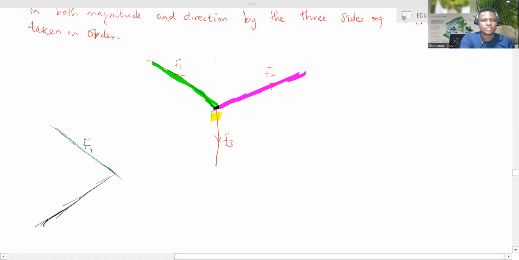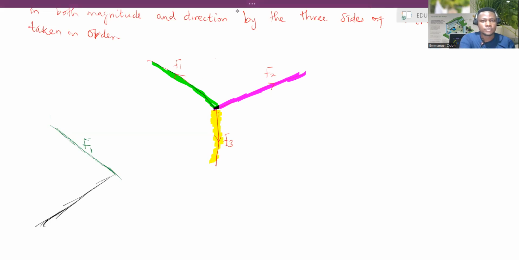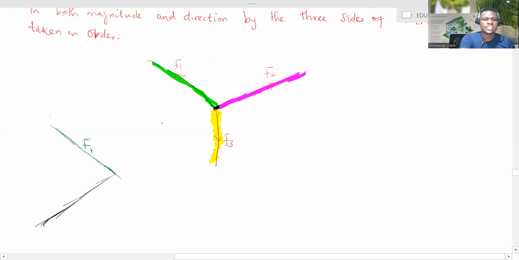Then let's go to the third one. I'm using red. It's vertical, so I also draw a vertical line like this. You can see the triangle has been formed. This is my F2, and this is my F3.